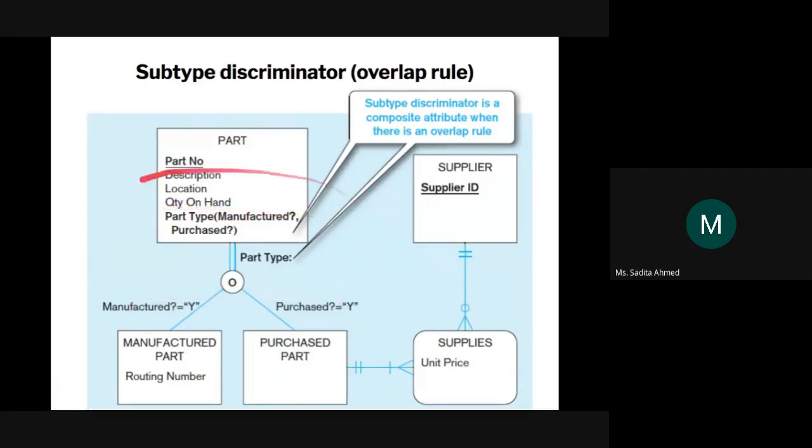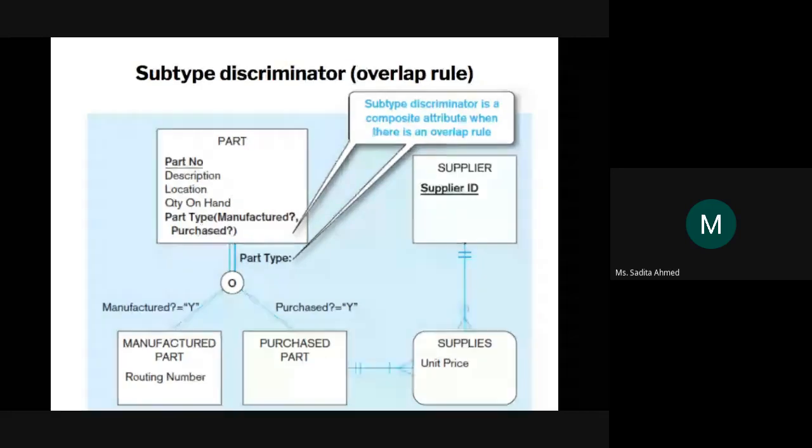So the idea is clearly communicated. That's the reason that when the subtype discriminator is following the overlap rule, you must model it as a composite attribute. That's the notation we follow.